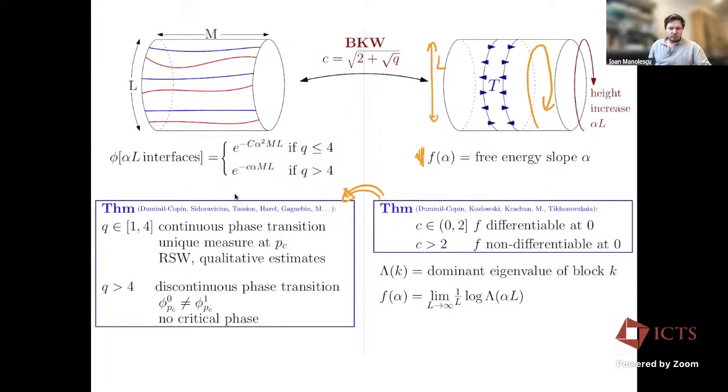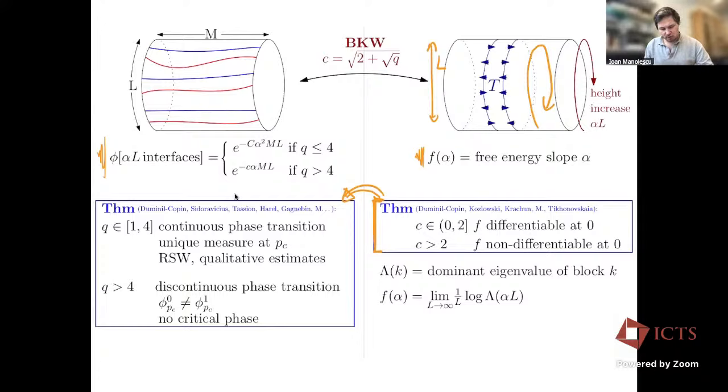It was related to the probability of having many interfaces, alpha L interfaces, winding horizontally around the cylinder. Okay. And the way we obtained this theorem that I mentioned last week is via an explicit computation of the leading eigenvalues of the blocks of the transfer matrix of 6 vertex. Okay, so I'm not going to go into it.